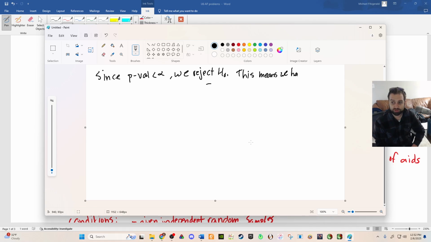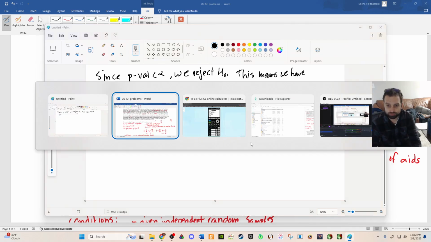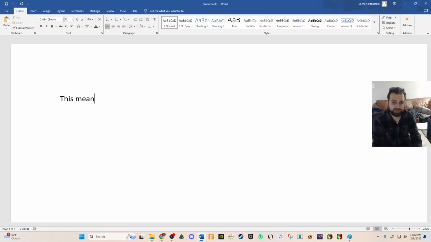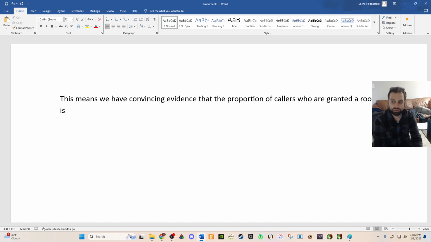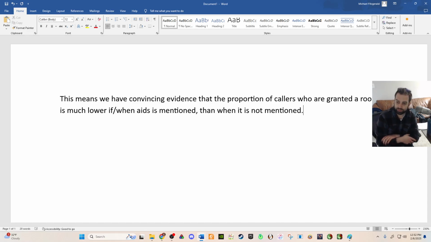We have convincing evidence that the proportion of callers who are granted a room is much lower when AIDS is mentioned than when it is not.